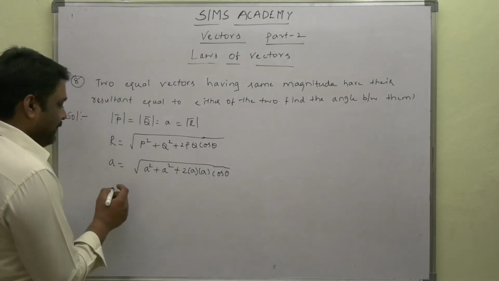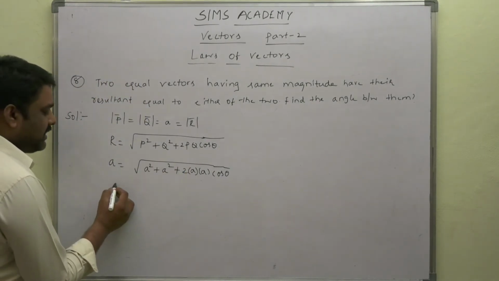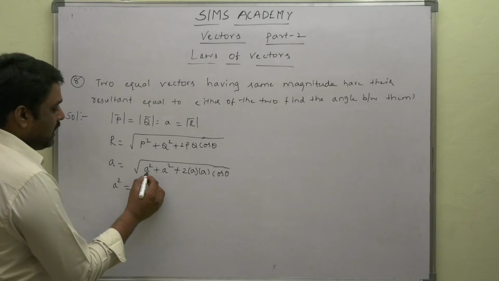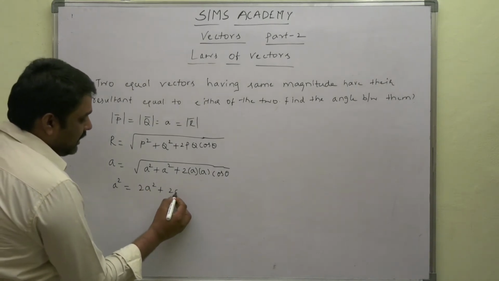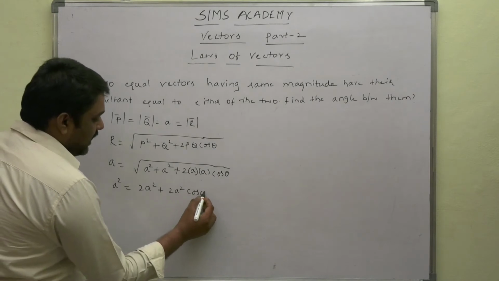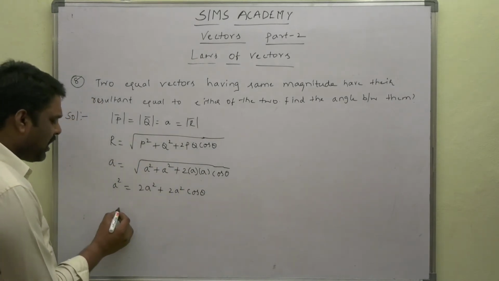Now let us square it on both sides. Then we get A square equals A square plus A square, 2A square, again 2 into A, 2A square cos theta.